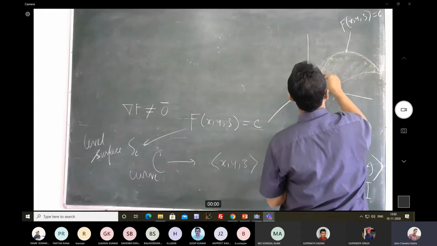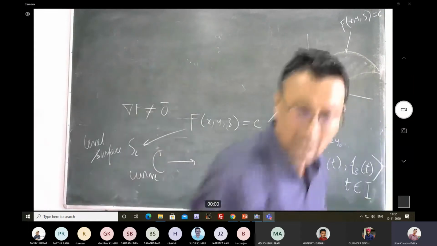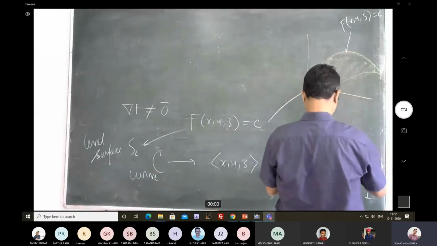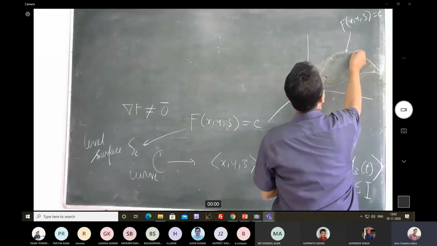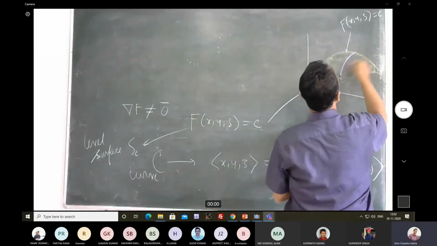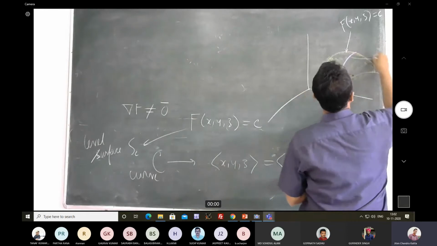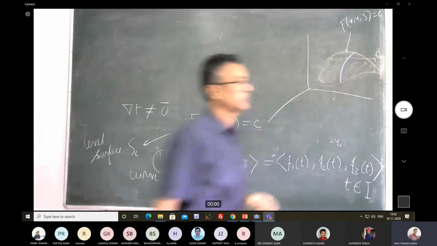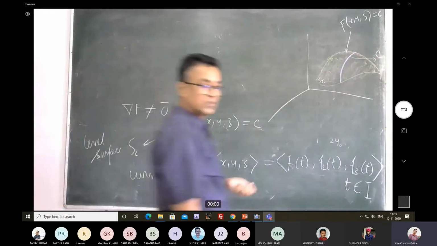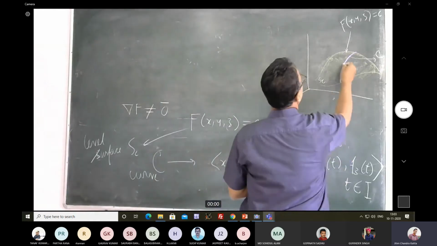So this is the surface SC. Okay, so now I am considering, suppose this is the curve. This is some curve C lying here. Is it okay? Fine.